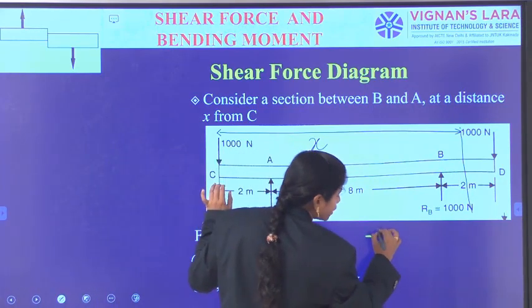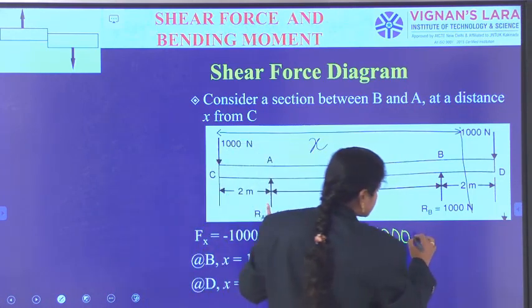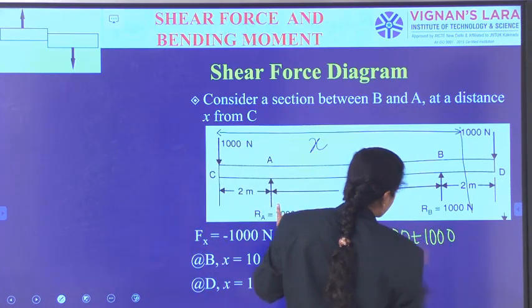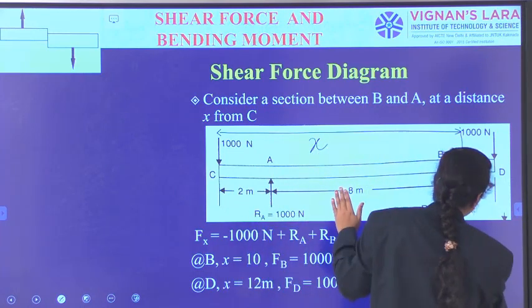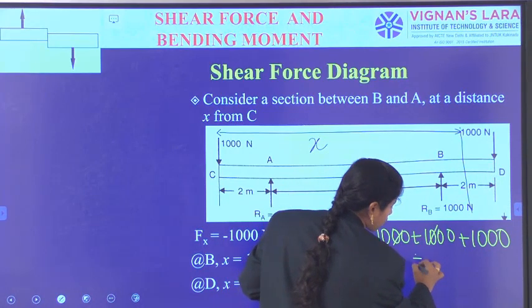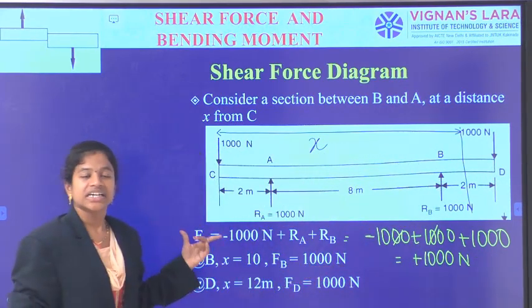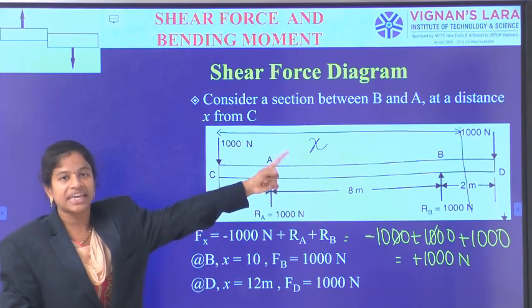So left side downward minus 1000, and left side upward Ra value, that is 1000, and also left side upward value, that is one more 1000. Cancelling these two, finally I have got positive 1000 newtons. So this is the shear force in between the points B and D.